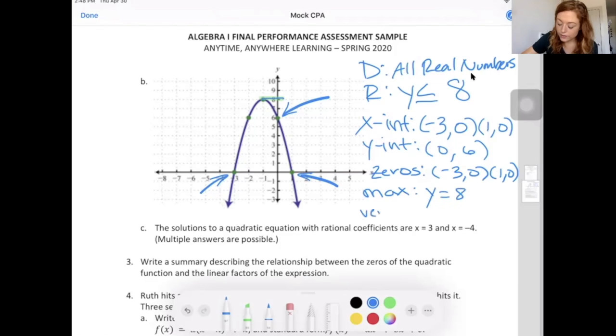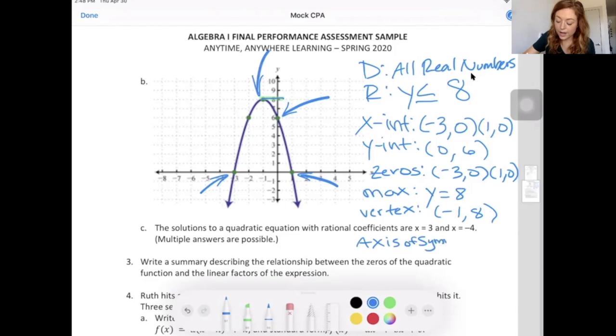And then we had to find the vertex. Remember, the vertex is the very point of our parabola where it turns, it starts to go the other way. That is our point right there, and that would be at -1, 8.